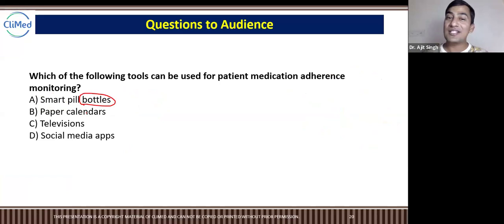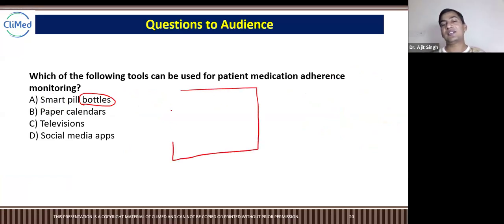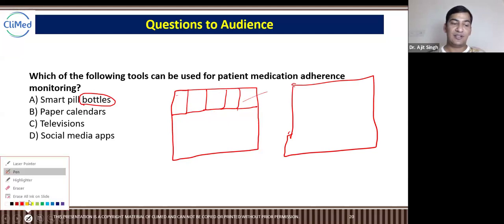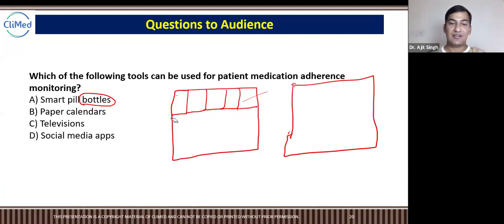See, so there is either 7 or 30. In one box, there are either 7 bottles in one sequence.